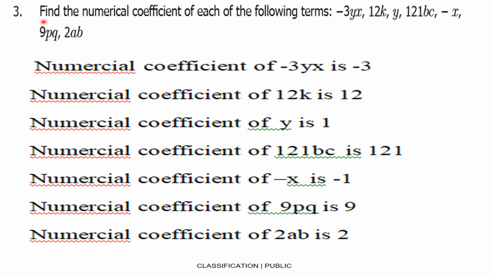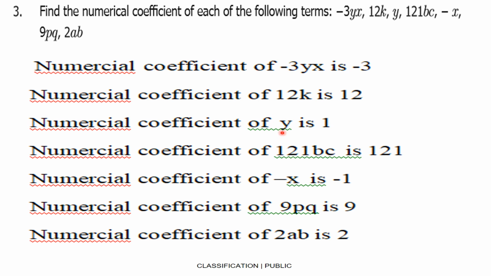Next question. Find the numerical coefficient of the given terms. Minus 3yx. What is the numerical coefficient? Minus 3. You don't tell it as 3. The minus 3 is the correct answer. Next one, the numerical coefficient of 12k is 12. And the numerical coefficient of y is what? 1 is understood here, 1 into y.